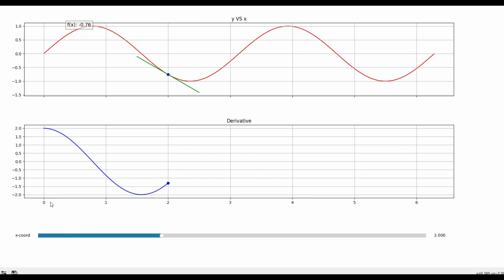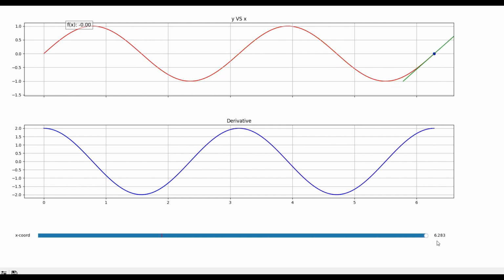So from our interval of 0 to 2 pi, where 2 pi is 3.14 into 2, that is 6.283, we are basically moving from 0 to 2 pi.